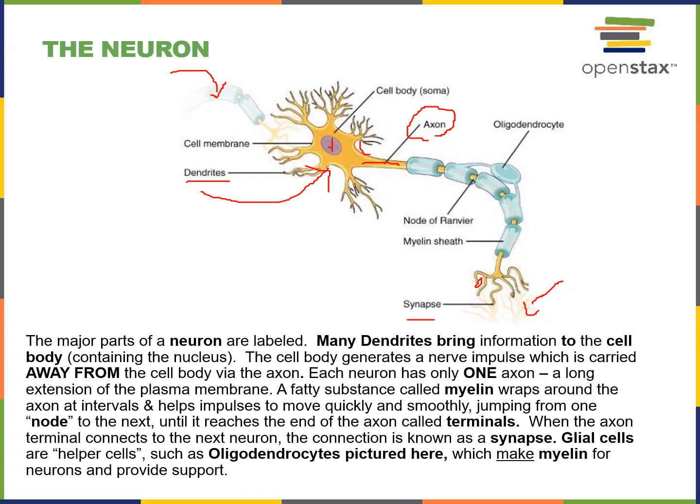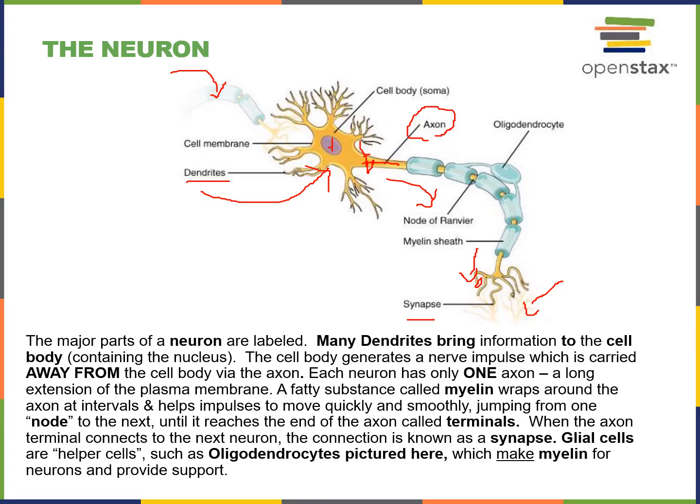So information can come into the cell body. The cell body can make the decision whether that information will lead to an action potential. The action potential will start about there, and it will travel in this direction. The action potential is always going towards the axon terminal.